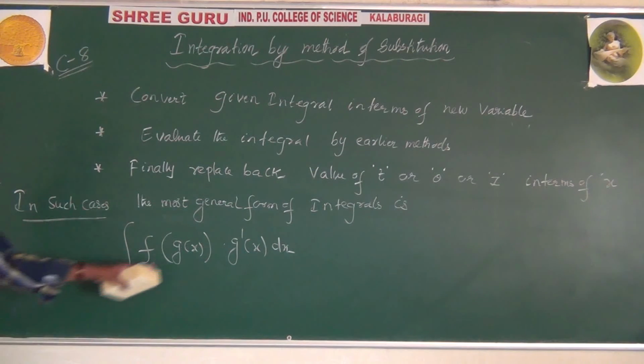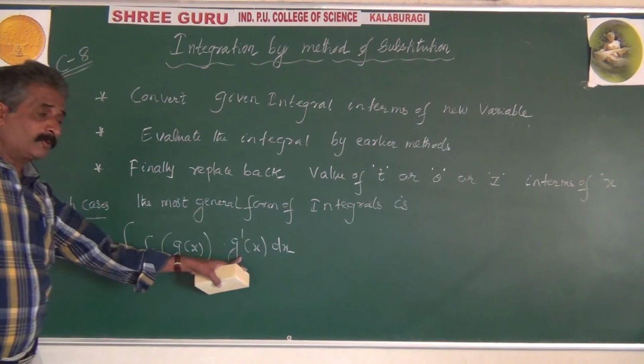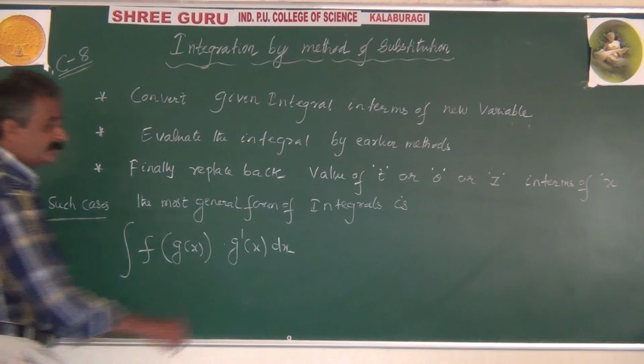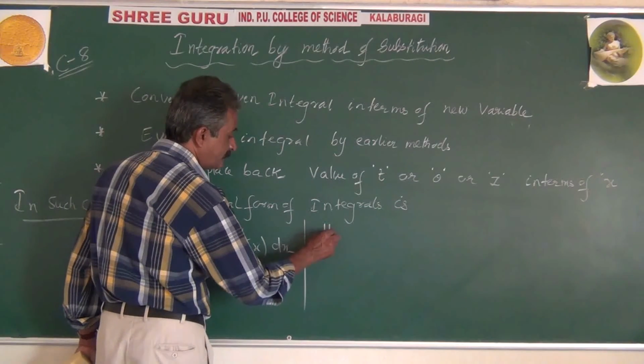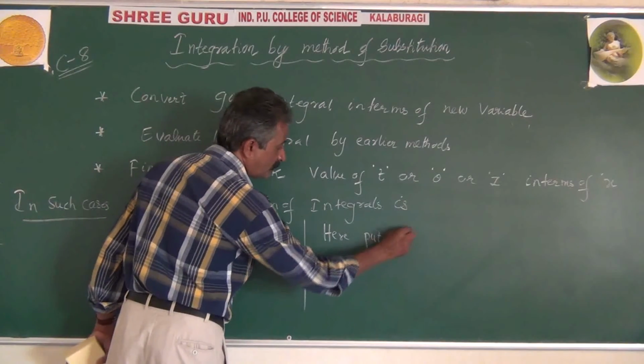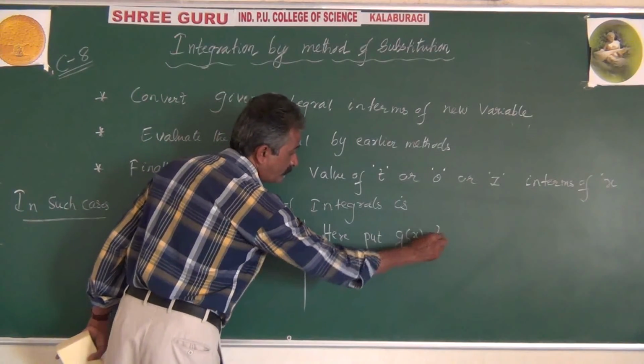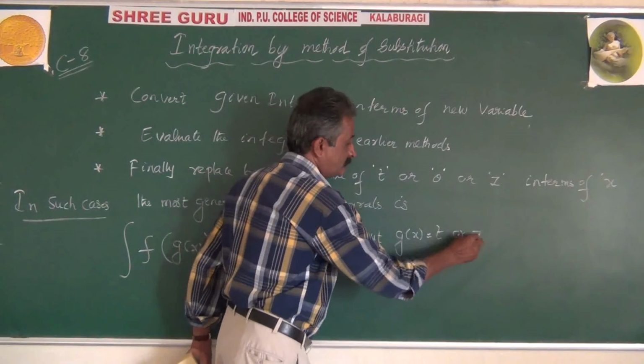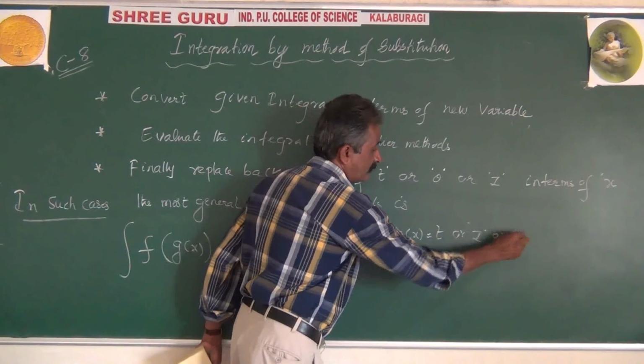Observe, there is a presence of g of x and g dash of x. We have to put only for g of x. So here you have to put g of x equal to t or theta or z. Any one, not all.